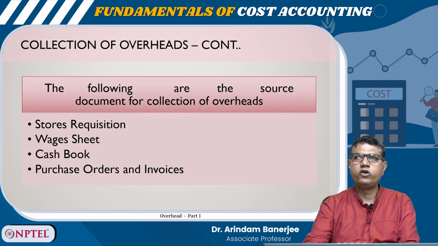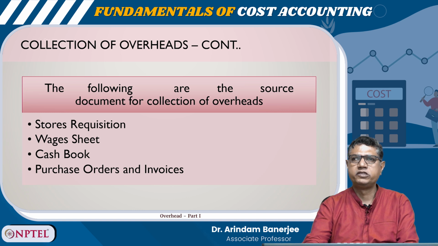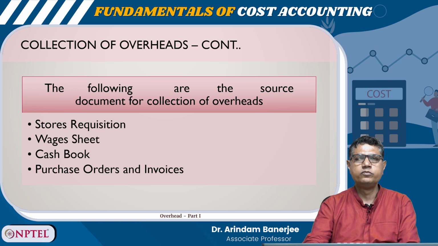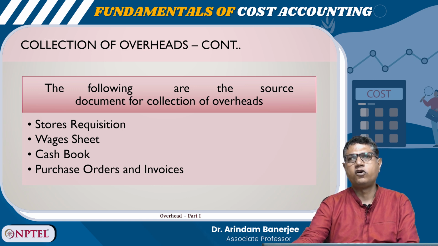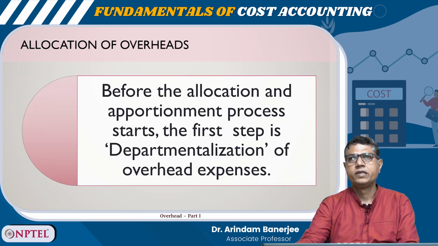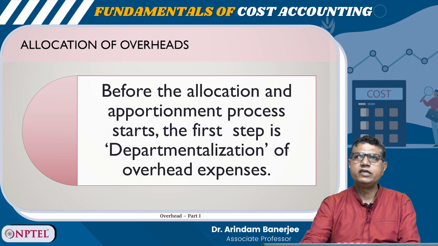The following are the source documents for collection of overheads: stores requisition, wages sheet, cash book, purchase orders and invoices, etc. From these documents, the overhead cost data can be collected. Now, allocation of overheads. Before the allocation and apportionment process starts, the first step is departmentalization of overhead expenses.